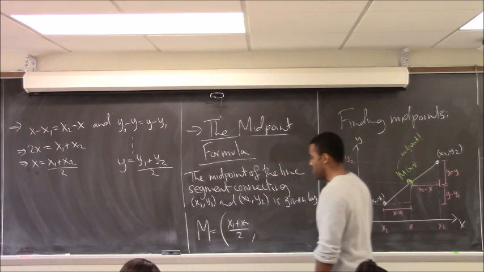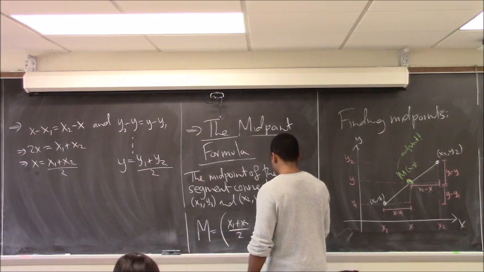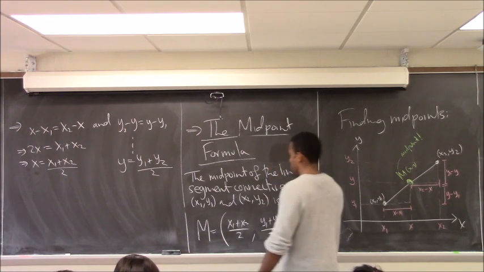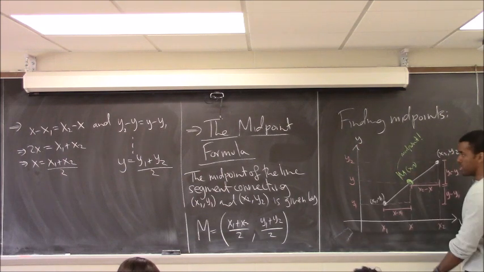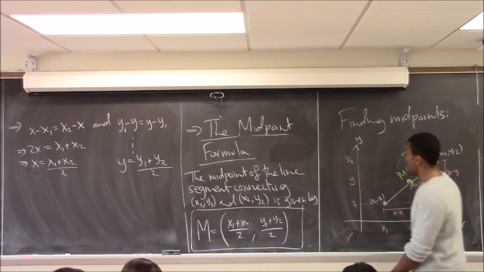In other words, you take the average of the x coordinates, and the y coordinate is going to be y1 plus y2 all over 2. In other words, find the average of the y coordinates. This gives you the formula for the midpoint between 2 points.